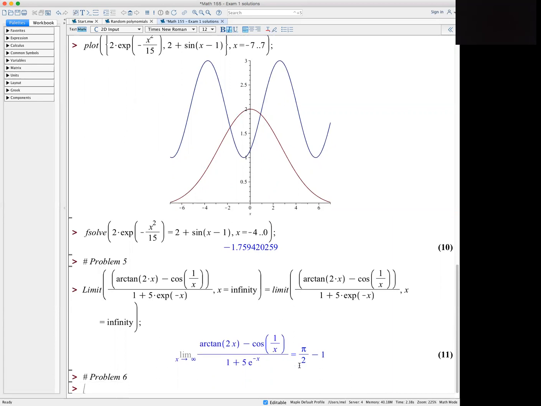Problem 6, we introduce the function f. X goes to the cosine of 2 times x minus e to the power x to the 7th.